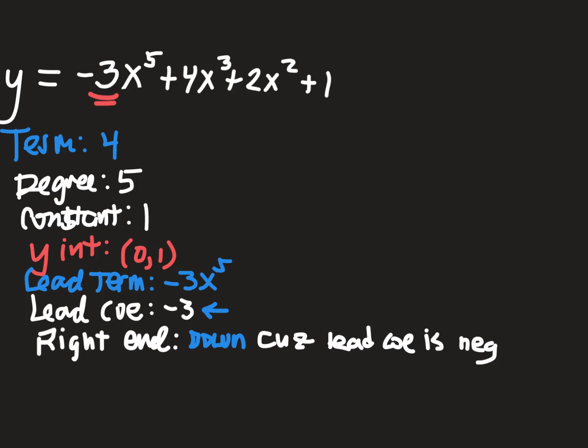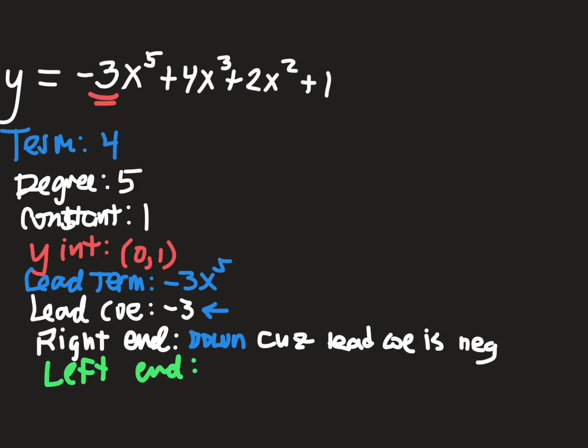All right, this is the last thing you have to write. The left end. For these notes today, this is the last thing. The left end, we're going to not talk about up or down. We're going to talk about, is the left end going to be the same or different than the other end?